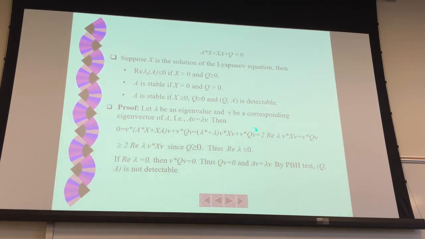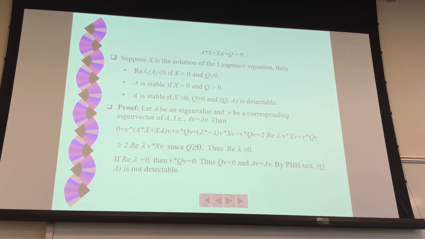So this is what's left here, so Q is positive semi-definite. In this case, because 0 is greater than this, that means the real part has to be less than or equal to 0, so on the left half plane.